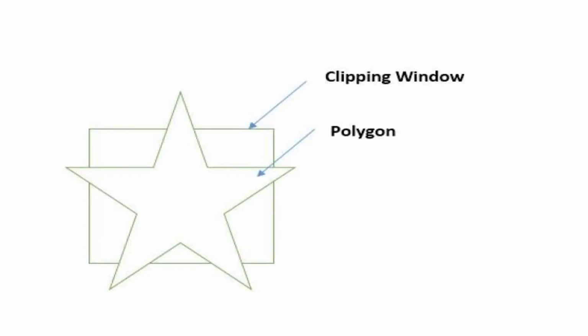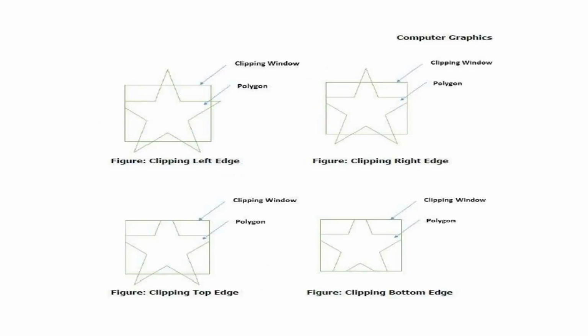This is our polygon and clipping window. We start clipping. In the figure, clipping the left edge means first we remove the portion beyond the left edge. Next is clipping the right edge, meaning the portion of the polygon which is outside the window is cut.